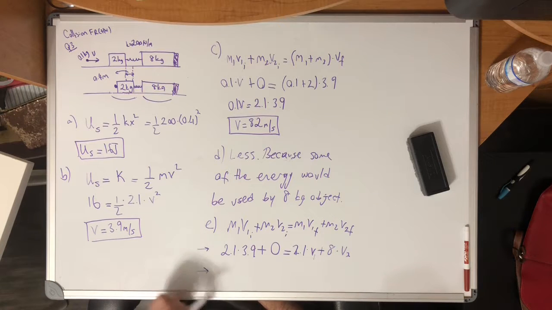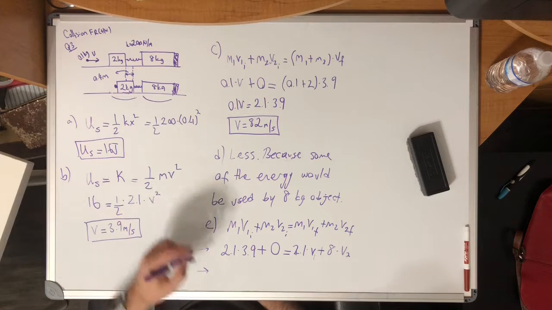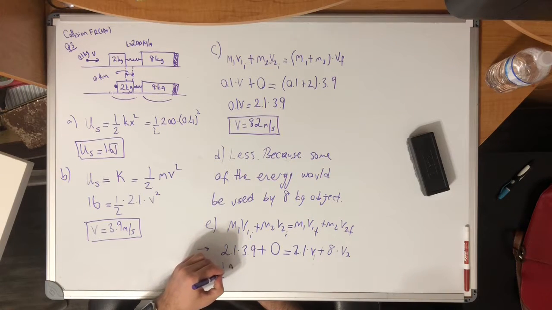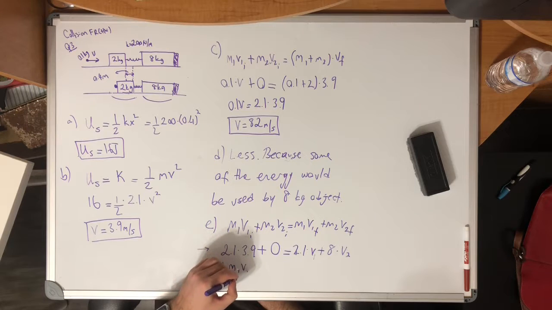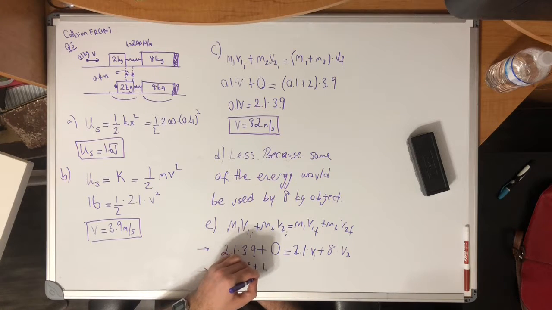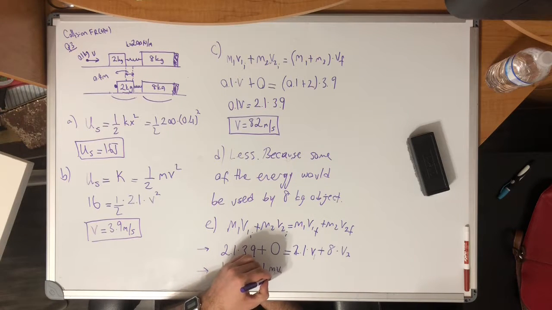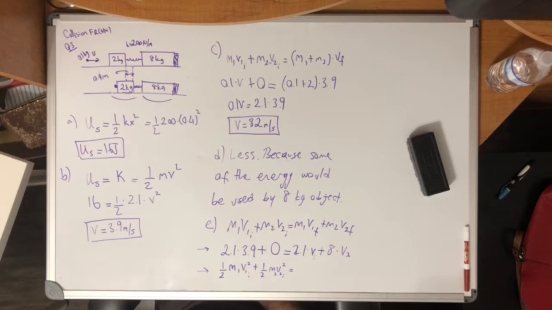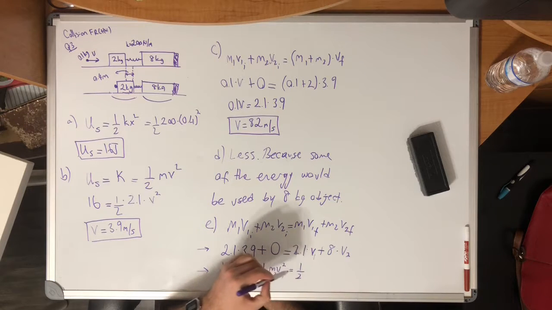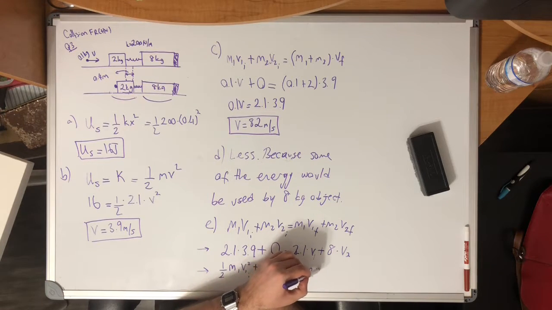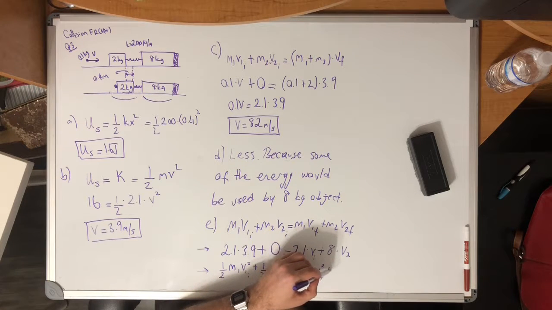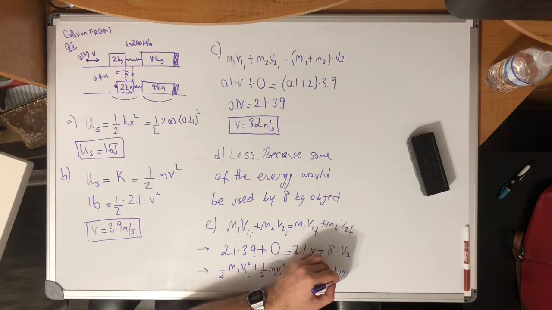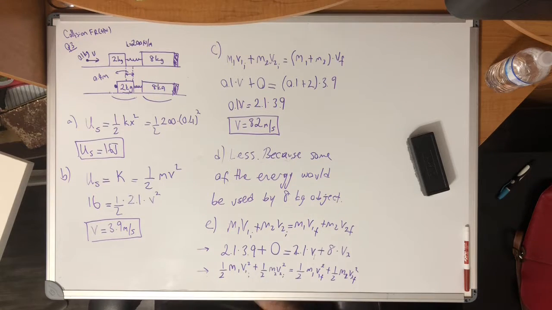And the second equation will be conservation of kinetic energy. Same principle, put 1/2 M1 V1 initial squared plus 1/2 M2 V2 initial squared, and that must be equal to 1/2 M1 V1 final squared plus 1/2 M2 V2 final squared.